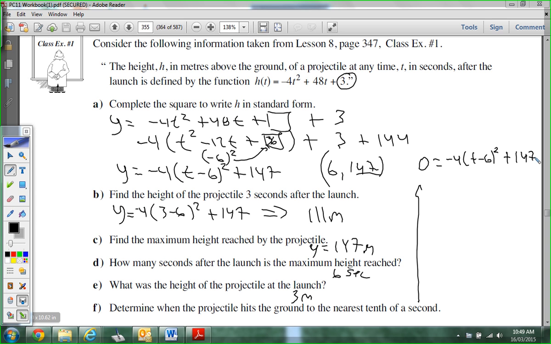We're going to minus the 147. Divide by negative 4, makes it a positive. And then here, we square root.